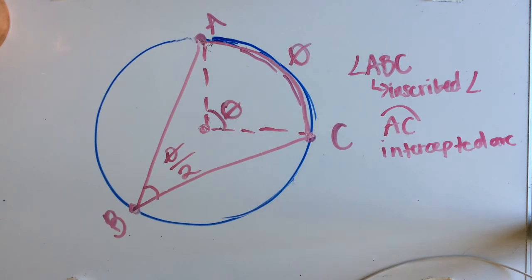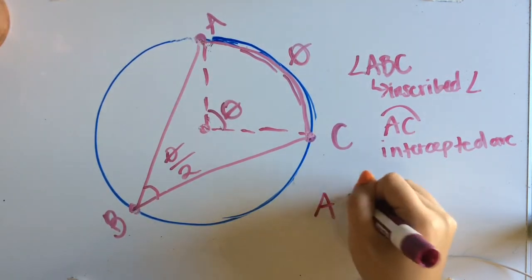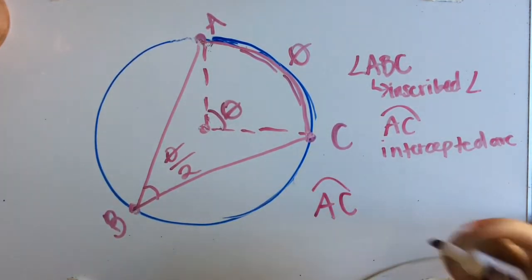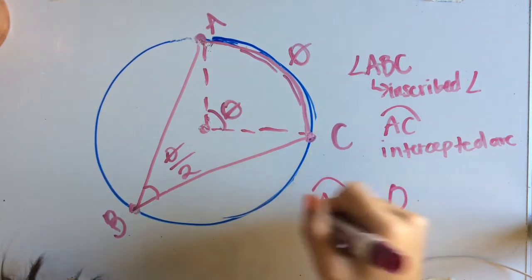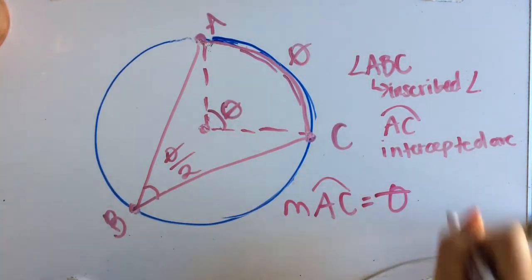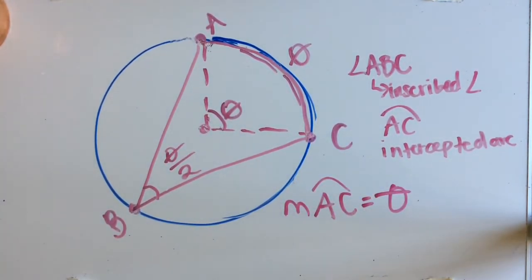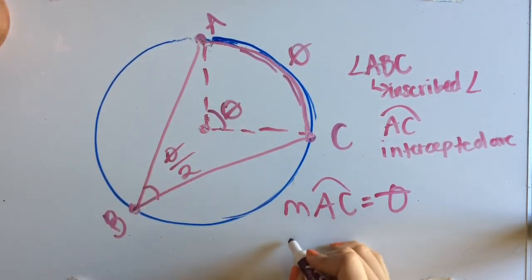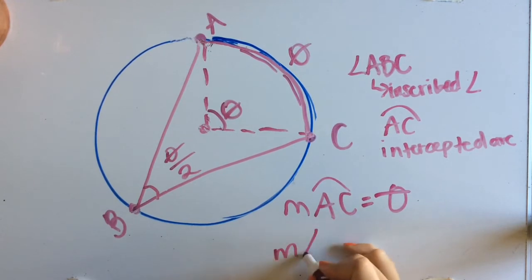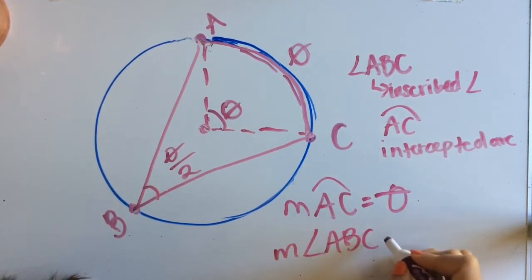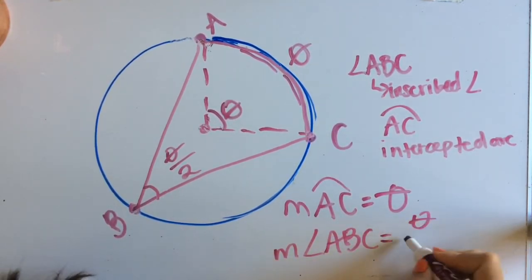Lastly, the degree of the inscribed angle is equal to half the measure of the arc. So if arc AC is equal to X or theta, then the measure of angle ABC is going to equal half of that.